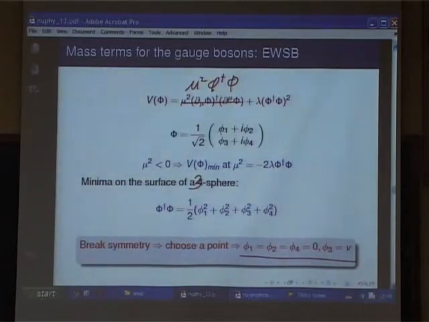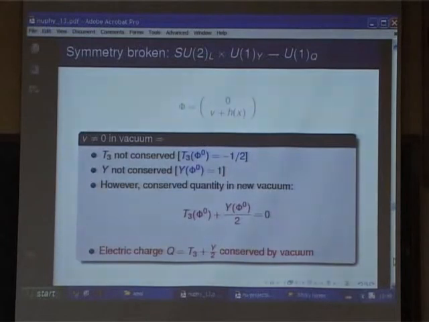So therefore there is a particular choice of phi1, phi2, phi3, phi4 which works in our case. The reason we chose this combination was because I knew that if I chose this combination, I will conserve electric charge. So all these things are interconnected. There is not much freedom for me. Once I choose my gauge symmetry, SU2 U1, even if I want to break it, I cannot break it in any way I want. There is only one way I can break it, so that I can be consistent with all the experiments. So therefore, this is conserved by vacuum.